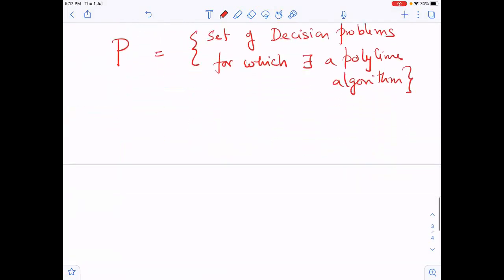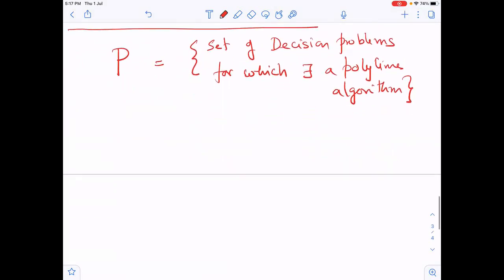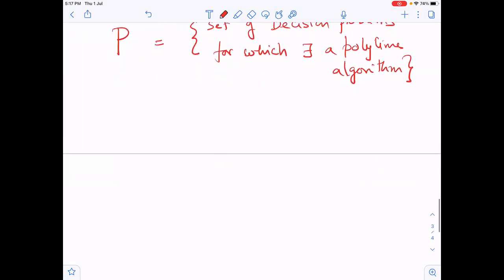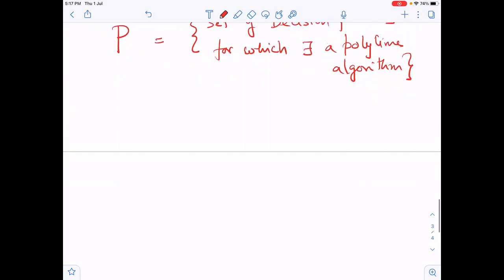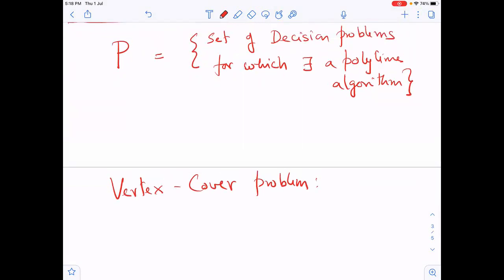So now let me ask you a simple question. You have seen things like the vertex cover problem. Have you seen this vertex cover problem? Yes, sir. Okay, so what is it? Can you just explain? Yeah, the minimum number of vertices needed to cover all the edges.